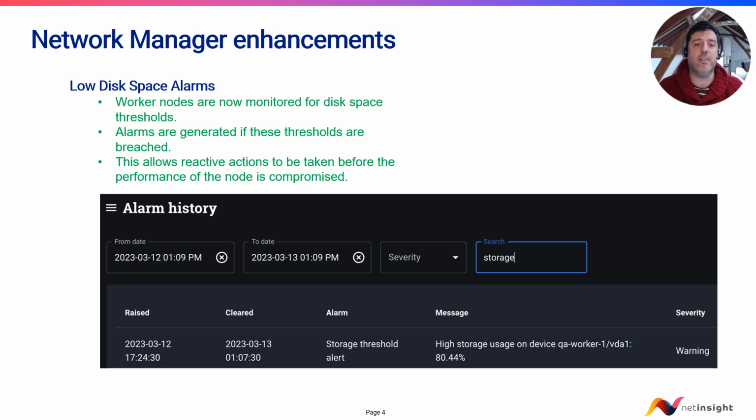But the idea here is it's proactive monitoring and alarming before problems are created by overutilized storage on these worker nodes. So pretty simple addition, but very important to the resilience of the system overall.